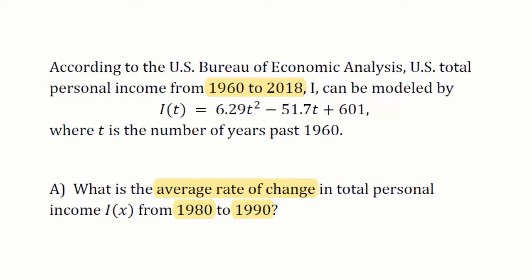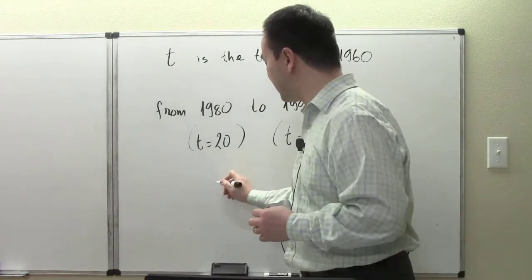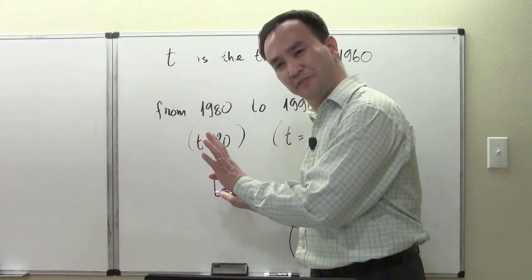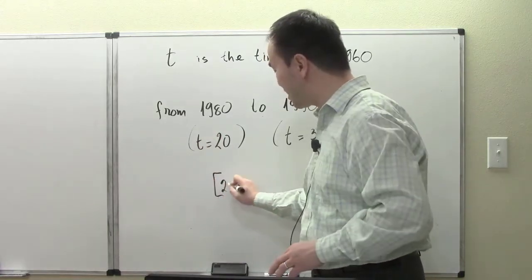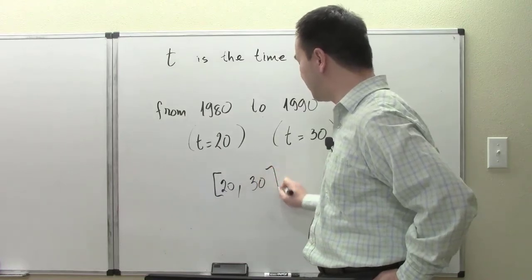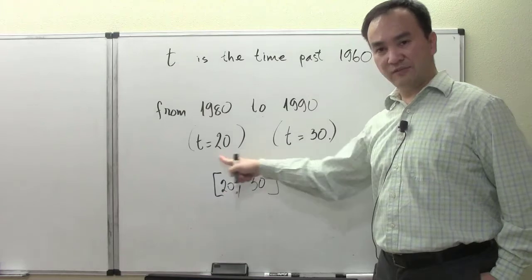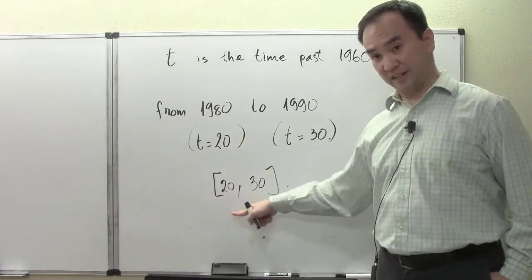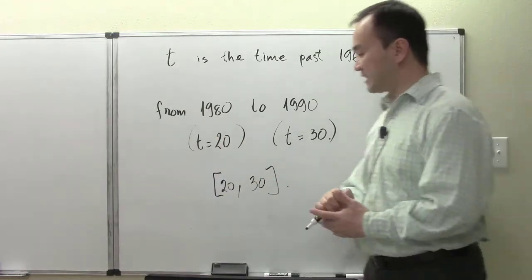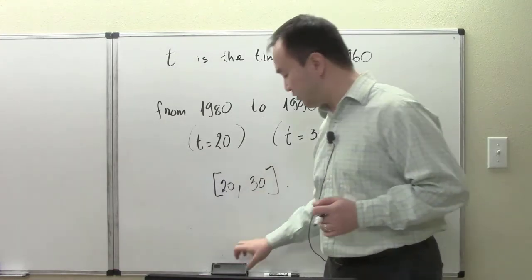And so quickly back on my board, the real interval we're looking at here is from 20 years after 1960 to 30 years after 1960 again. So that's the interval that we really are aiming at. Okay, so now with all that explanation ahead of time, let's really get started into it.